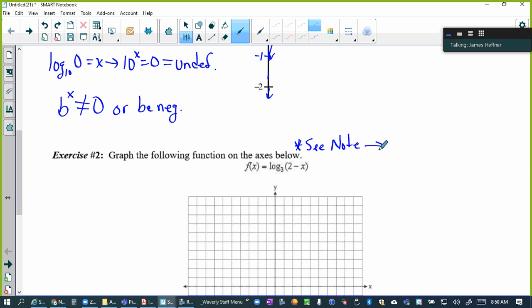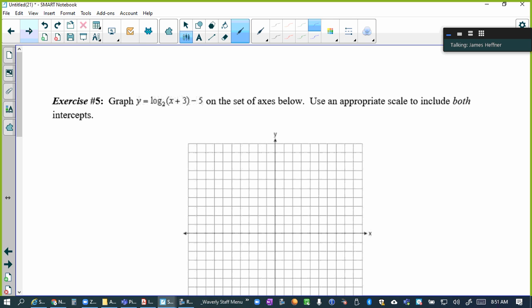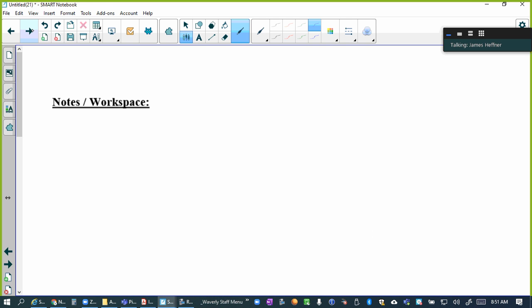So you see this one here has base 3, and your calculator won't do base 3. Some will, but there's a way to do that, write an equivalent of that. So let's go to our notes page real quick, and I'll show you how to do that on your calculator. Okay. So this would be our log change of base formula. If your calculator does any base, you're fine.